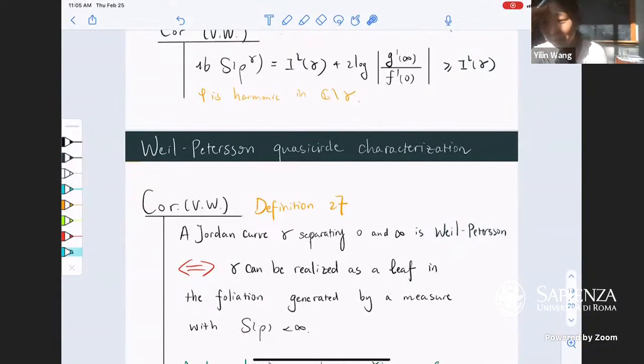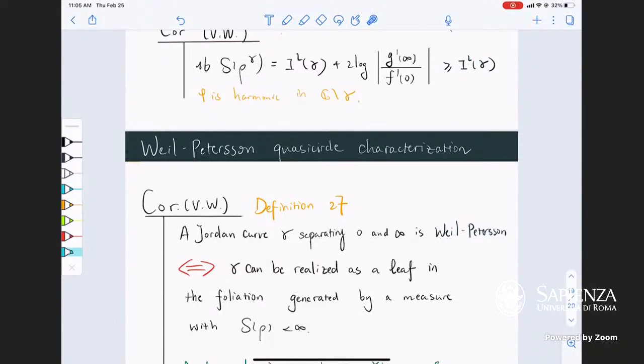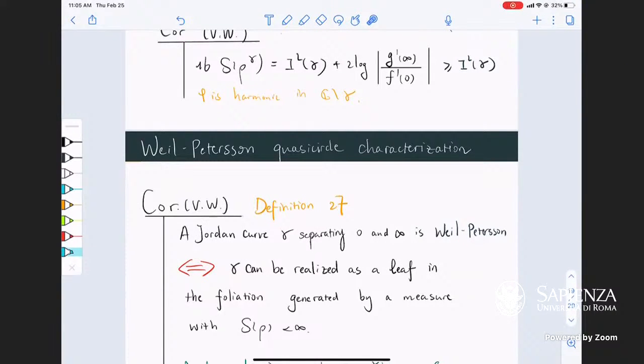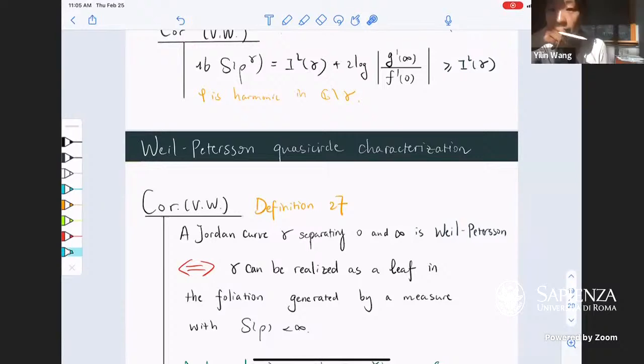So Bishop has a lot of results in his paper. But you presented a foliation procedure. Could it be generalized to any of the quasi-circle possibilities that Bishop mentioned? There's only one possibility. You mean other definitions of a Weil-Petersson quasi-circle? So basically, yeah, go ahead. The procedure you developed can then be applied to any of those options that is there.